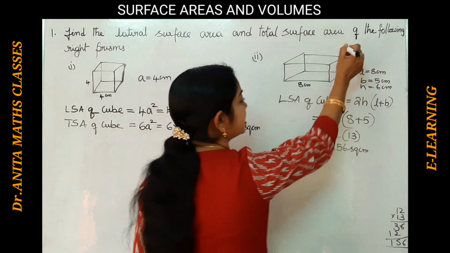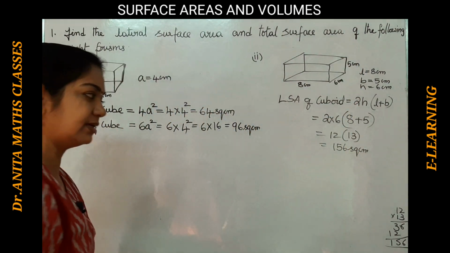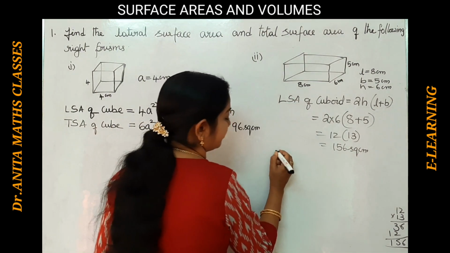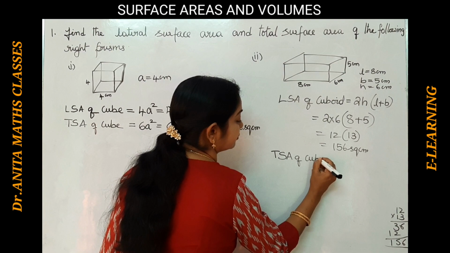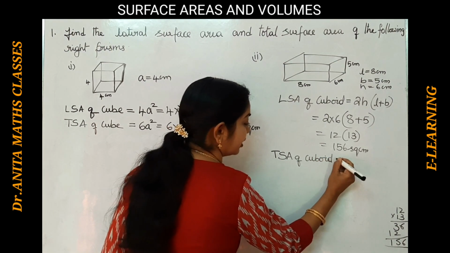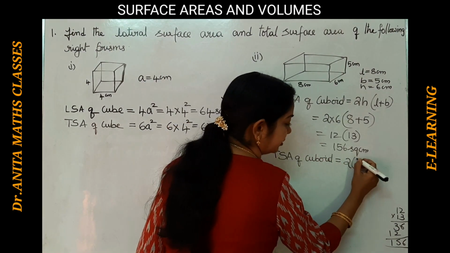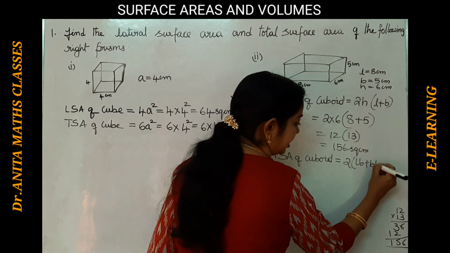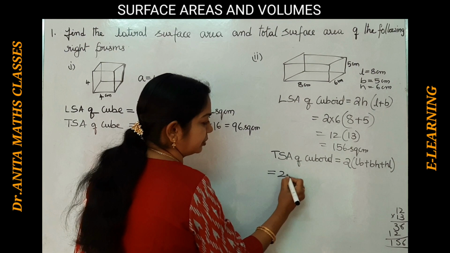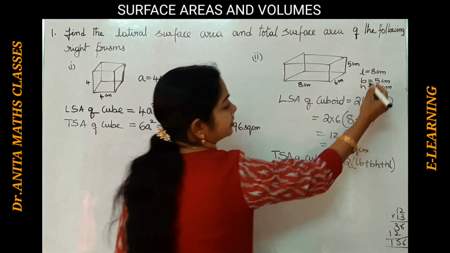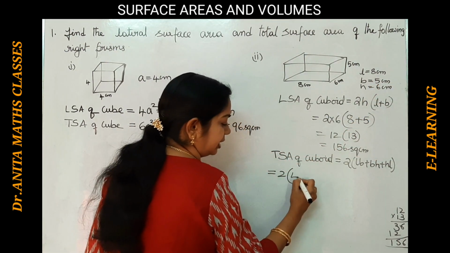If all the units are in centimeters, you get the area as square centimeters. Now TSA, that is the total surface area of the right prism here, the cuboid. 2 into (LB plus BH plus HL). This is the formula. So we will apply here 2 into L into B. 8 5s are 40.